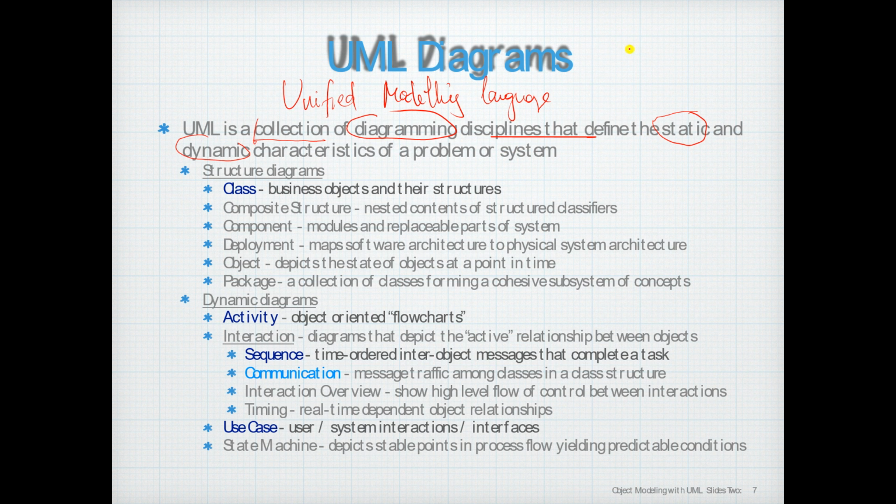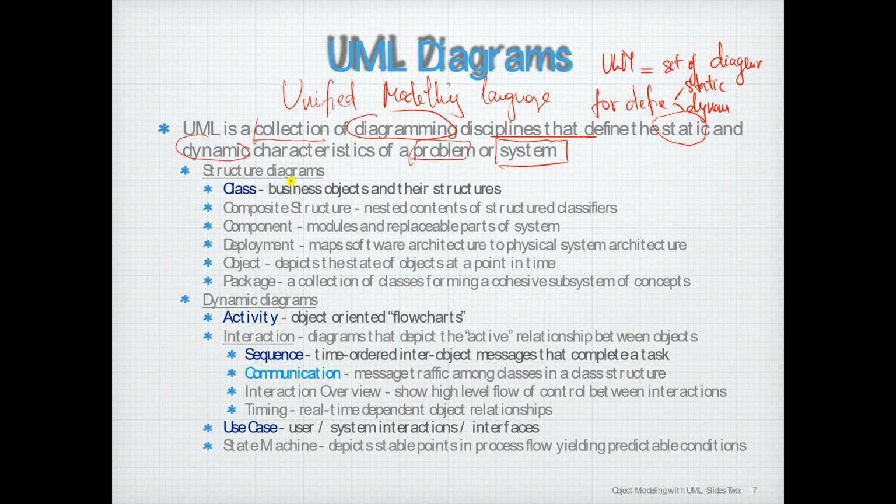Here we can see UML. It's just a set of diagrams for defining the static and dynamic aspects of the program and system. It means that if you have a program or system, you can define it by using UML.